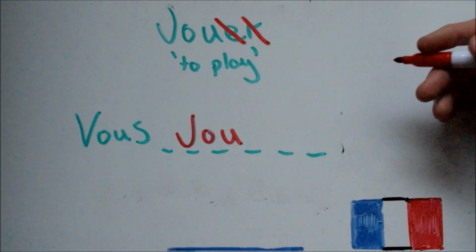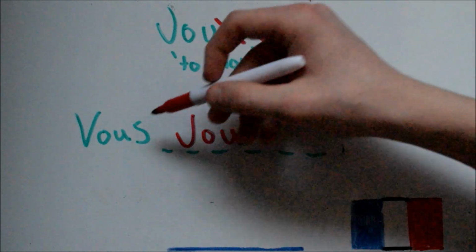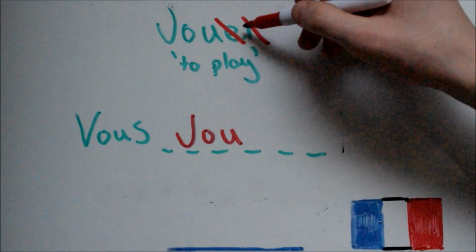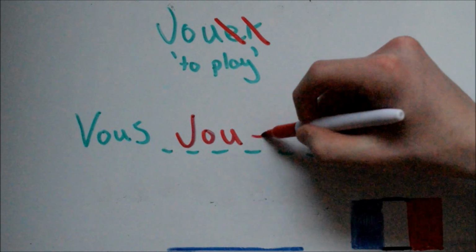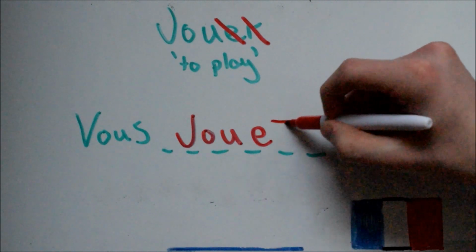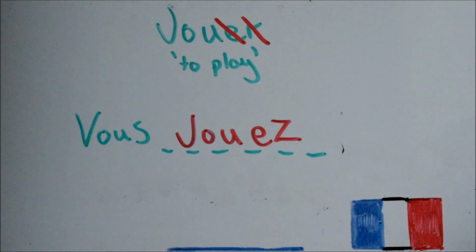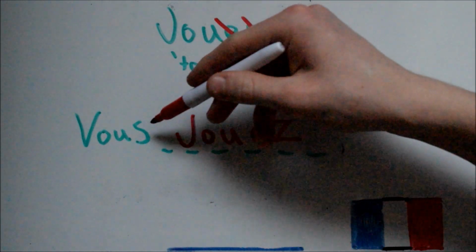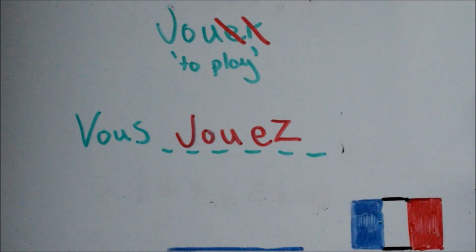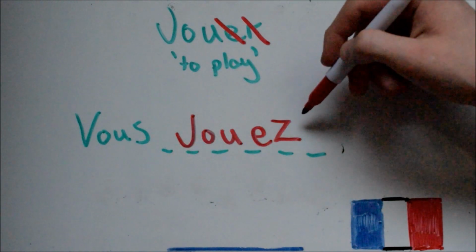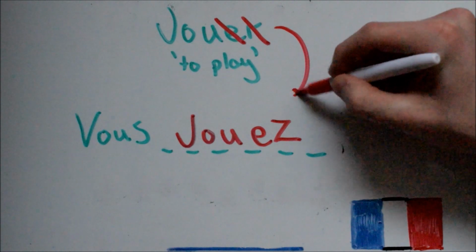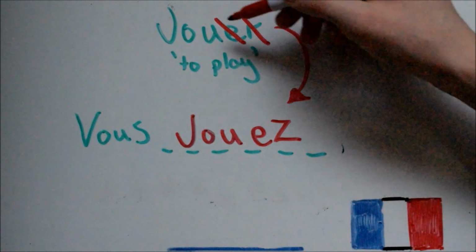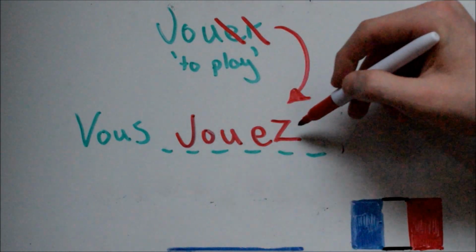If you remember from earlier, we need to add on the you version of the ER verb. That is EZ. Now we have vous jouez. That is the conjugation of the verb jouer.